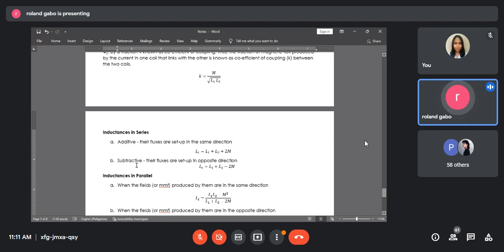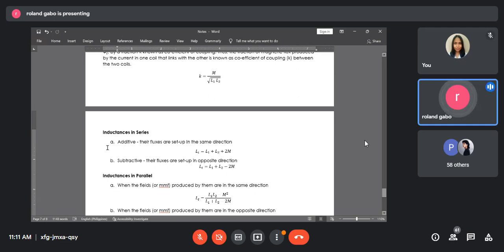Then subtractive, their flux are set up in an opposite direction. That is why kung mag-coil ka og mag-rewind ka og motors, single phase or three phase, so naginay beginning og end. So imo ginang lebelan. So kung mag-coil ka, coil beginning, then lebelan nimo ting tumoy end kay naman ay flow sa current.